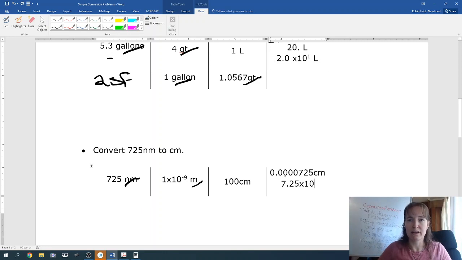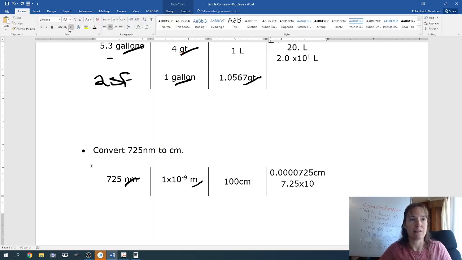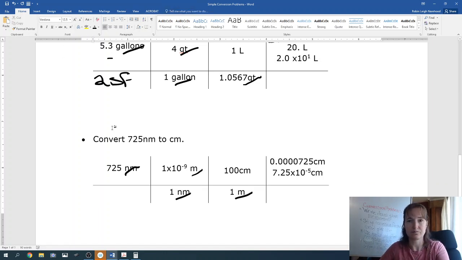So it would be one place, 2, 3, 4, 5. But we're moving it to make a small number look larger, and so your exponent will be negative 5, 1, 2, 3, 4, 5, and then centimeters. Either one of these answers means the same thing. Both of them have 3 significant figures.